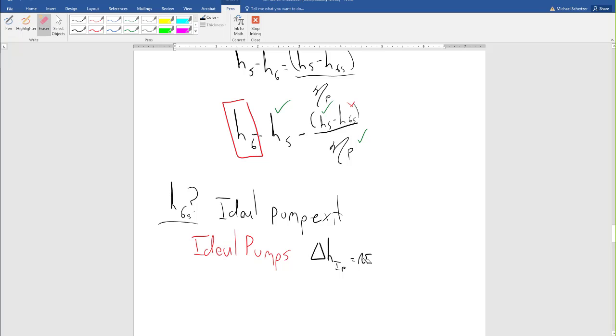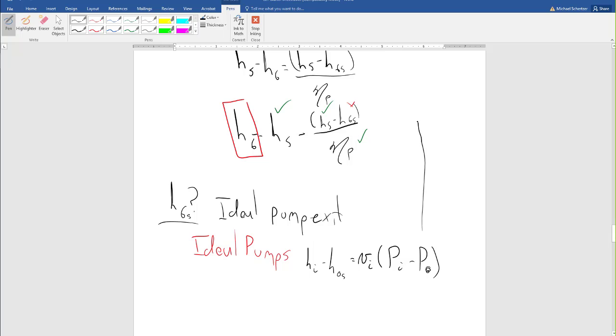I'll make this a lowercase i to be consistent with my other nomenclature, multiplied by P, in minus out. So here I'm going to say H in minus H out S, and this is going to be P in minus P out.